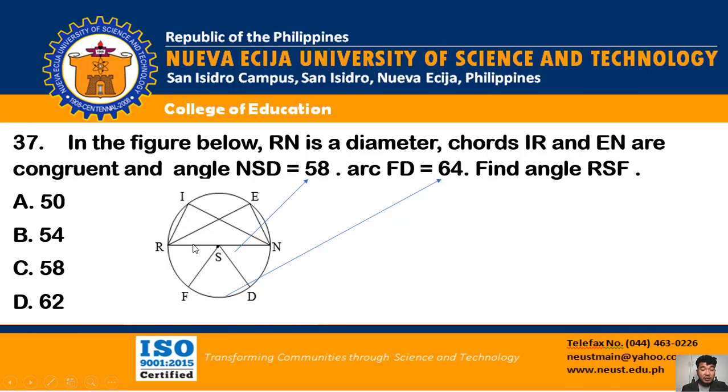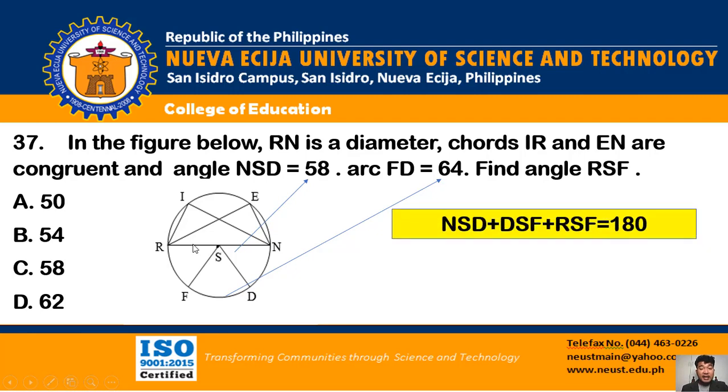And our task is to look for RSF. So take note that NSD plus DSF plus RSF is equal to 180 because they form a line. So we may say that when we add all these three, the sum is equal to 180.